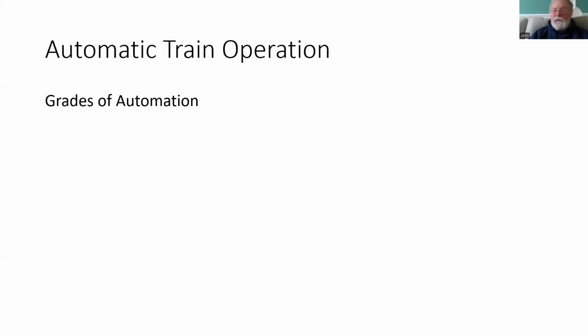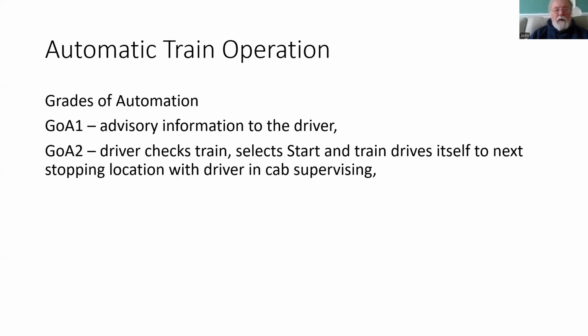So what about automatic train operation? Well, automatic train operation is based on grades of automation. GOA1, grade of automation 1, is about providing advisory information to the driver. The driver remains in full control of the movement of the train. GOA2 still has a driver in the leading cab who checks that the train is safe and secure before selecting start.